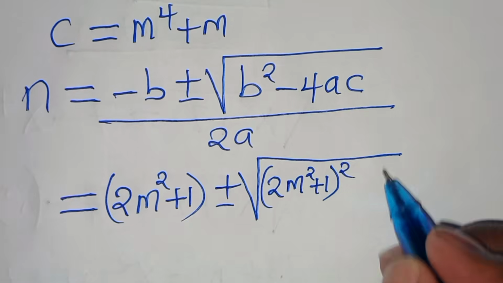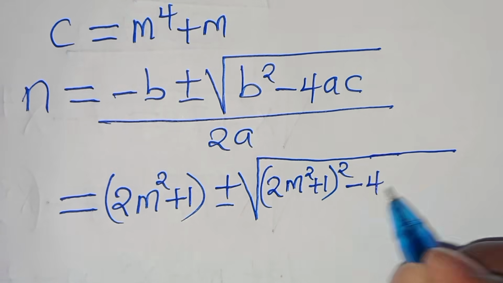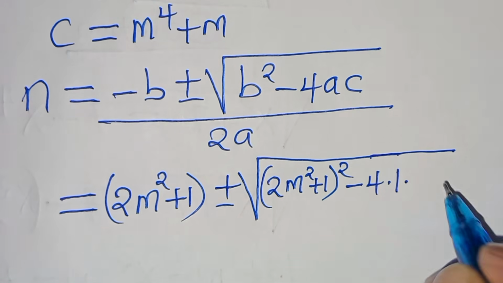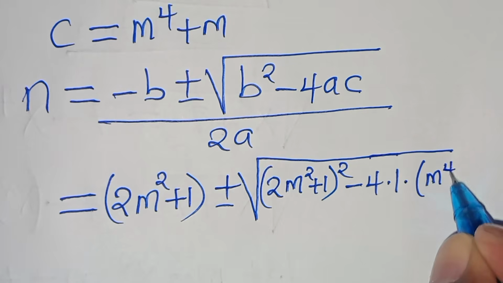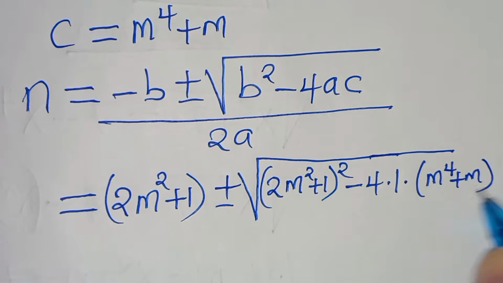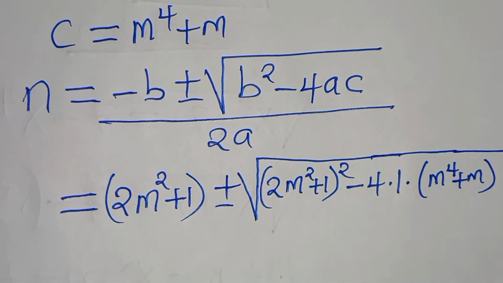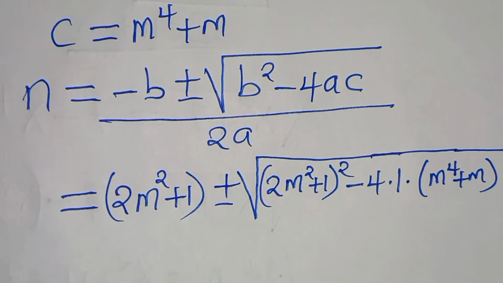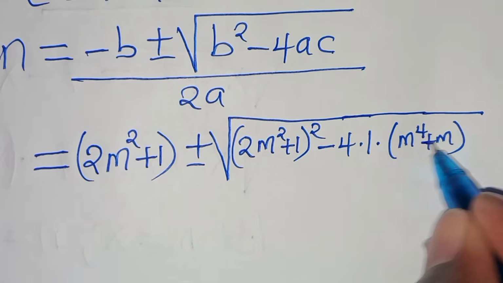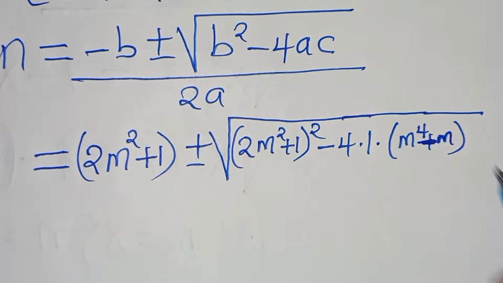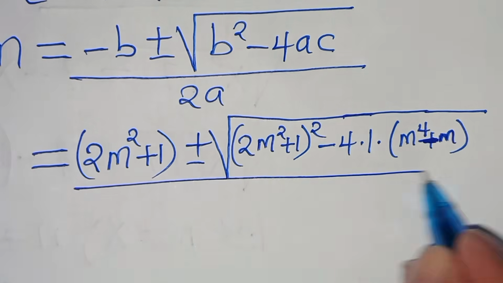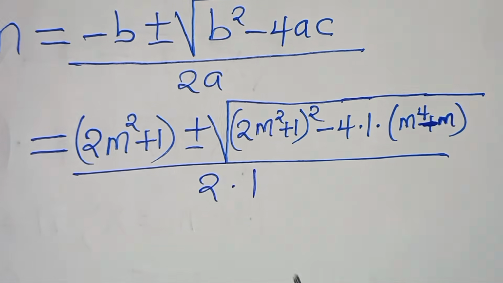Then we have minus 4 times a, which is 1, then times c, which is m to the power of 4 minus m. So we have minus m here. So this is divided by 2 times a, which is 1.